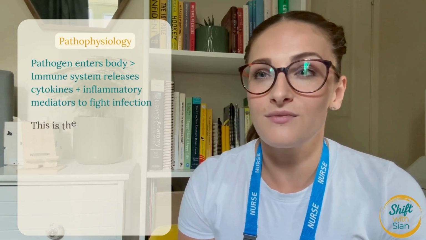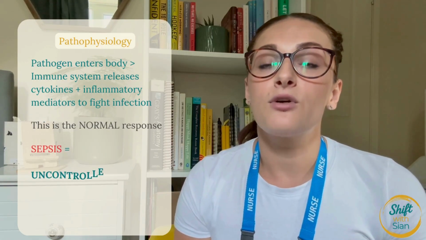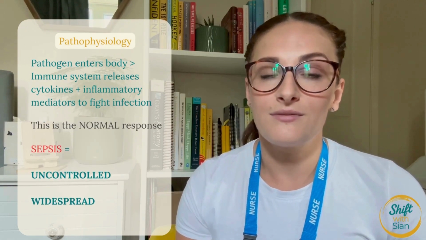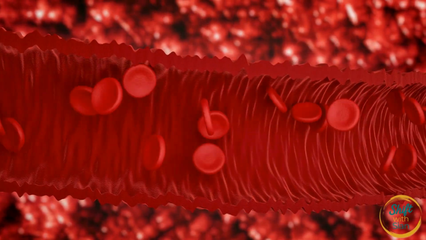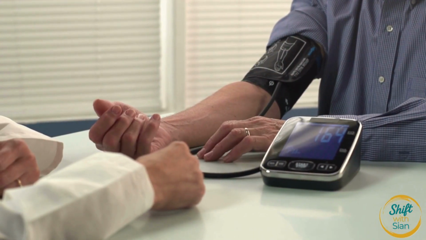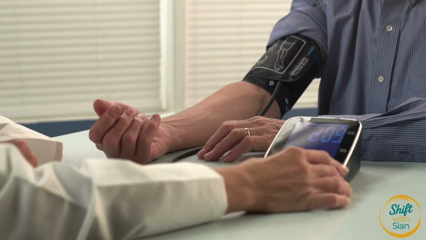The pathophysiology then. So when a pathogen enters the body, the immune system releases cytokines and inflammatory mediators to fight the infection. That's a normal response. In sepsis, this response becomes uncontrolled and widespread. So your blood vessels dilate, which lowers your blood pressure. Your capillary permeability increases, so you get leaky vessels.